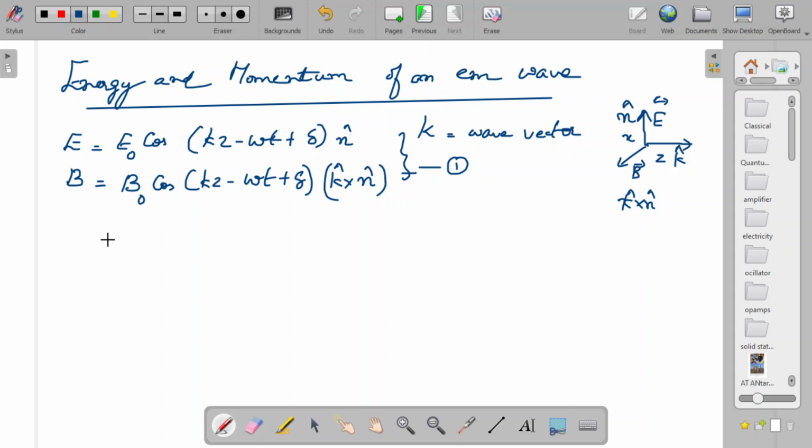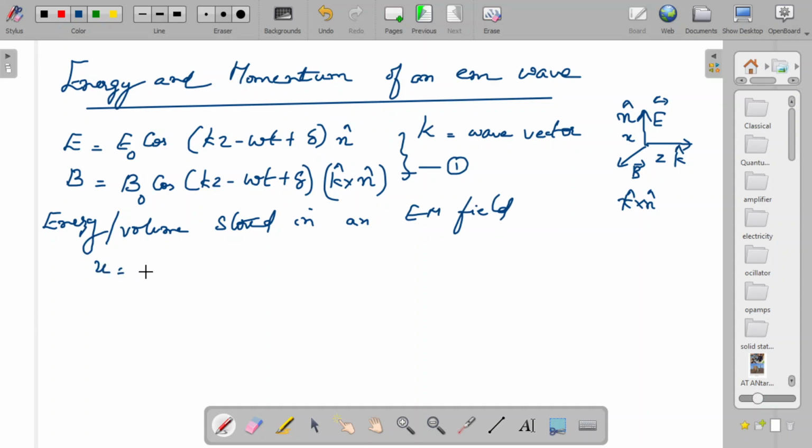Now we have already understood that the energy density, that is, the energy per unit volume stored in an electromagnetic field, has been found out as U equal to 1 by 2 epsilon 0 E square plus 1 by 2 mu 0 B square.